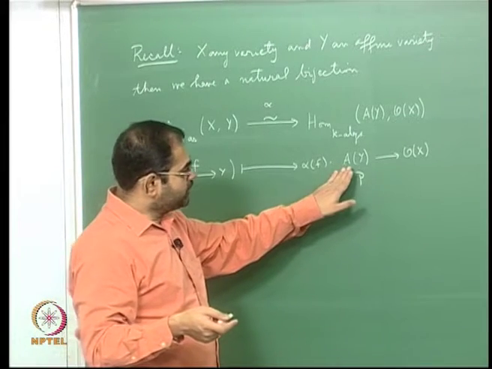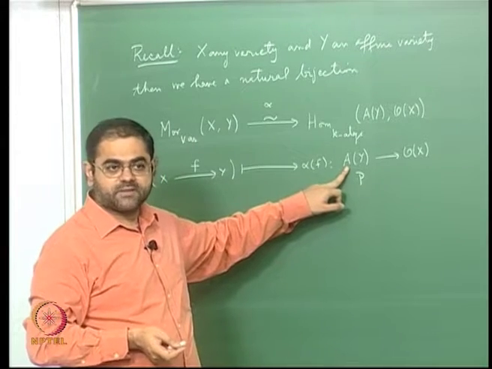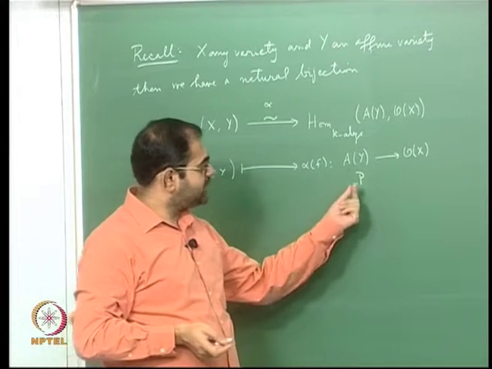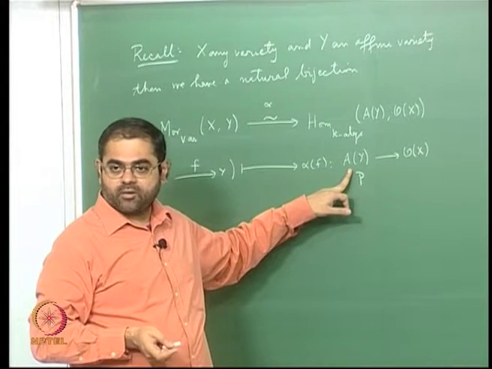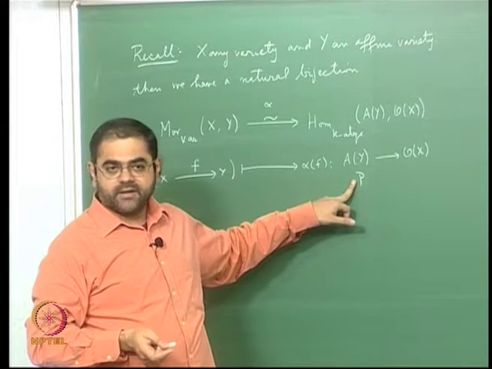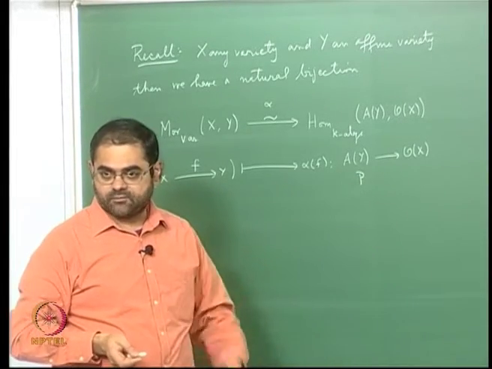You restrict such polynomials to any subset, in particular to Y, and you get a polynomial function on Y. The only thing is that this polynomial function on Y is not represented by a unique polynomial, it is represented up to addition by a polynomial in the ideal of Y, which consists of polynomials which vanish on Y.